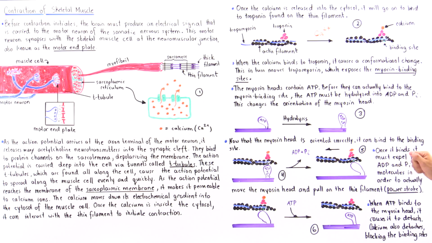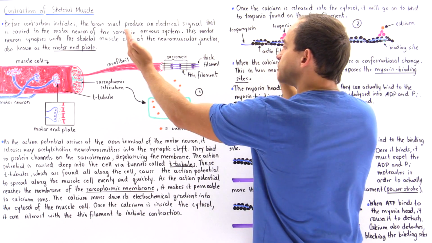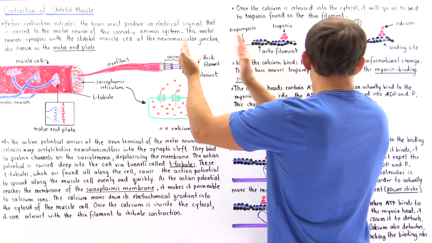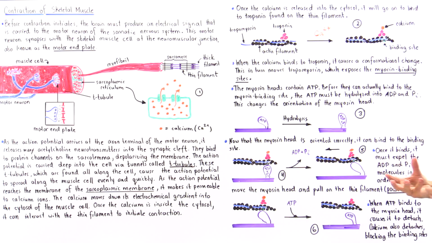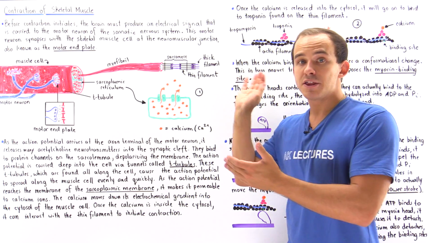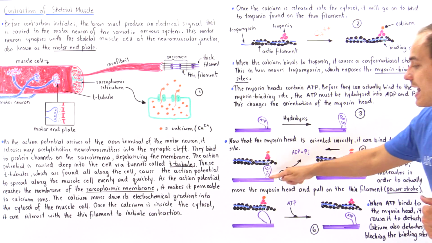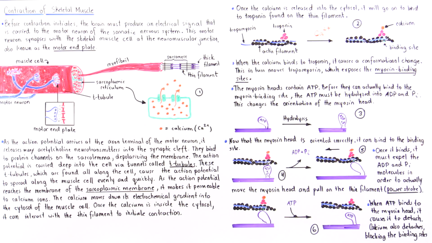So these two Z lines are pulled inward. Now, this process of pulling on our thin filament by the movement of our myosin head is known as the power stroke. And the power stroke must take place when our phosphate is expelled from that myosin head.